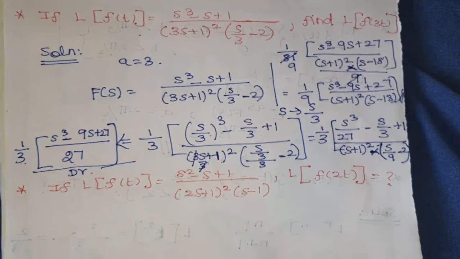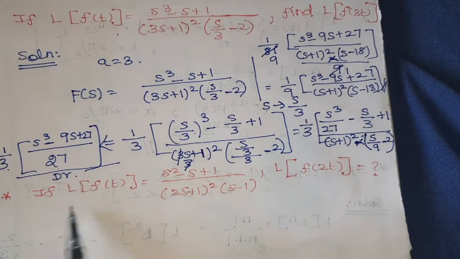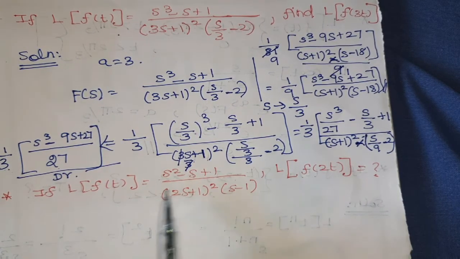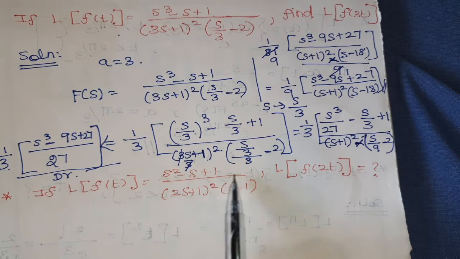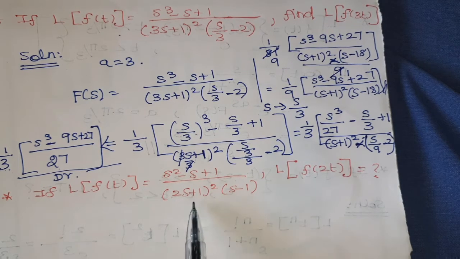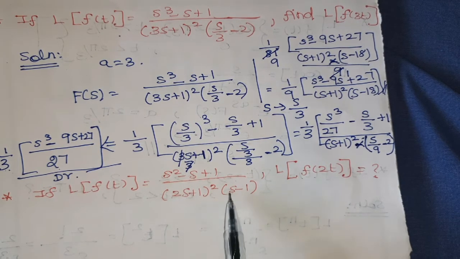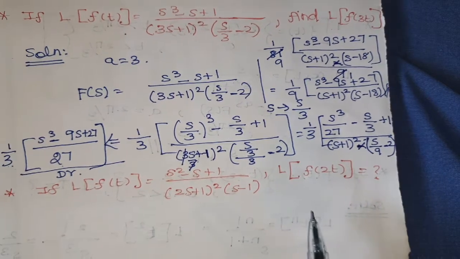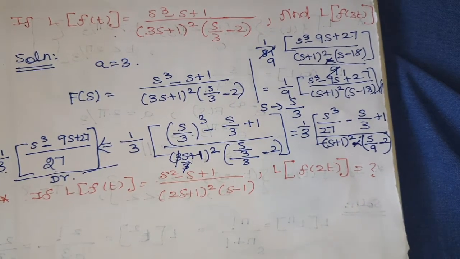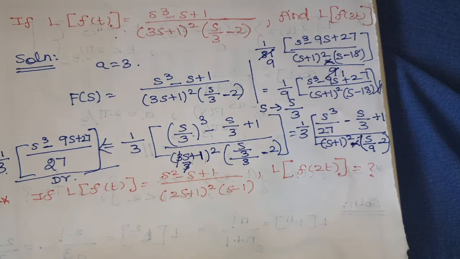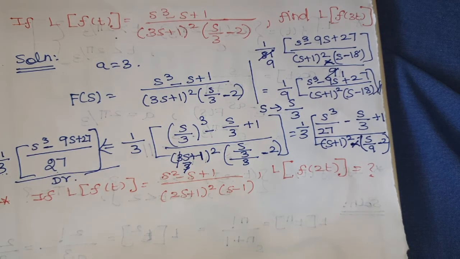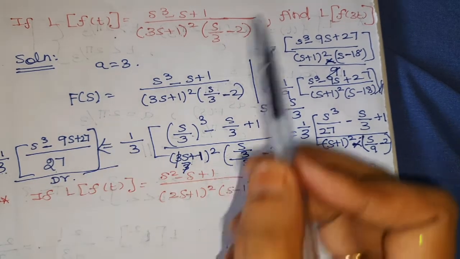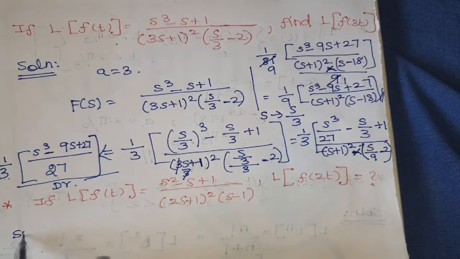Another problem. If the Laplace transform of f(t) is equal to (s² − s + 1) divided by (2s + 1)² times (s − 1), then find the Laplace transform of f(2t). Let's see how to solve the problem.